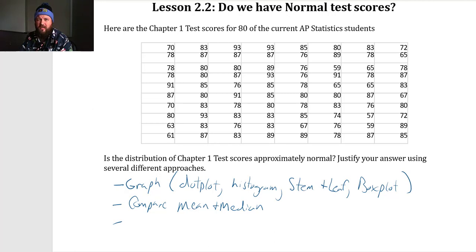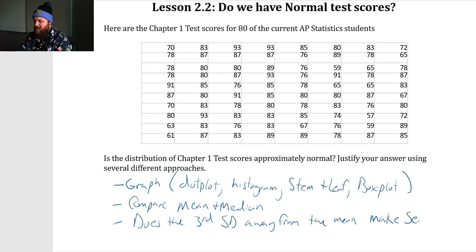The third thing we want to do is think about, does that third standard deviation away from the mean make sense? Does it fall within a data value that is probable, that can actually be attained? So that's what we're going to look at for the third step.